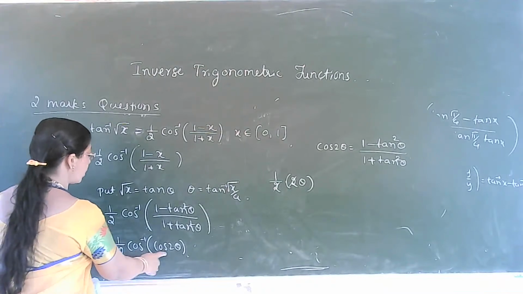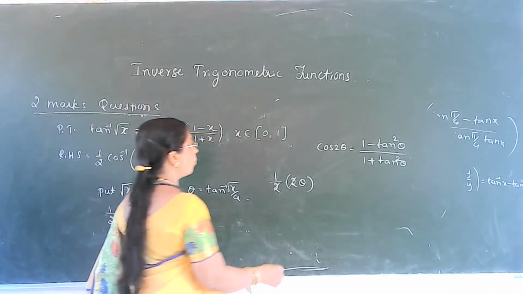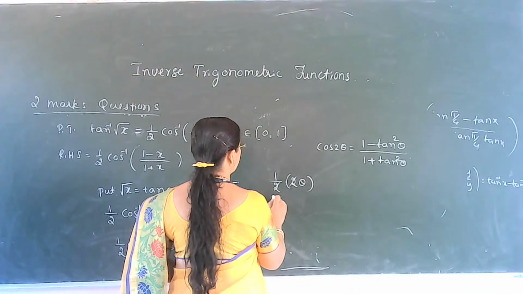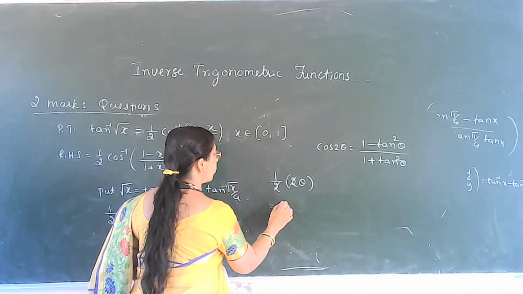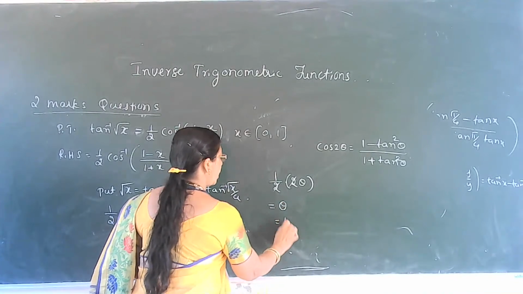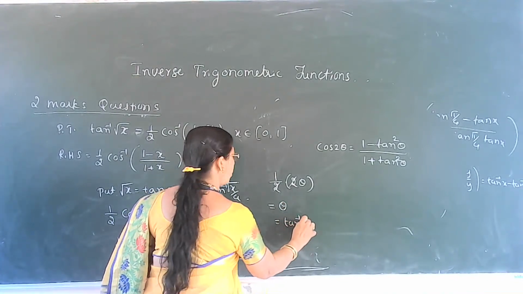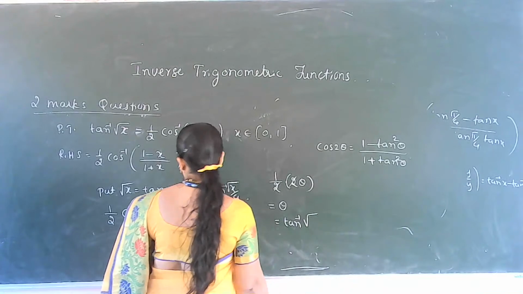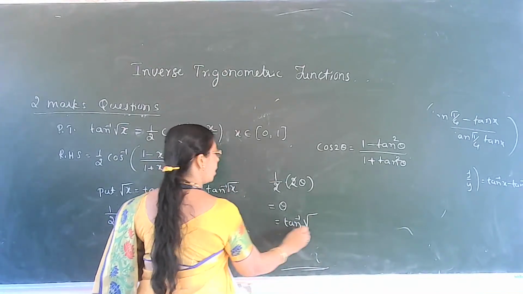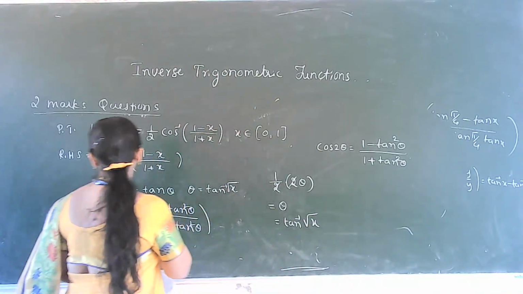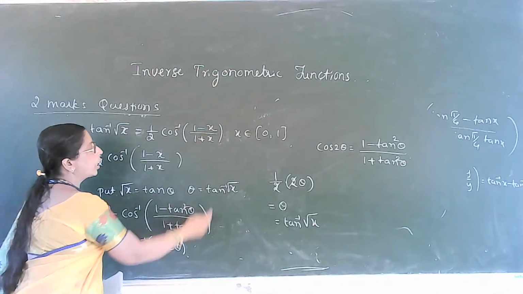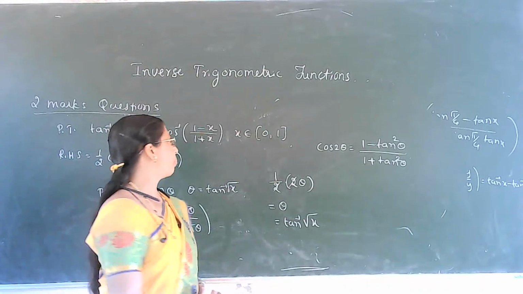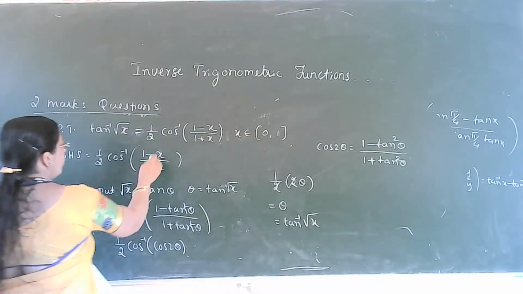Cos inverse of cos 2 theta, we get 1 by 2 into 2 theta, which is equal to theta, which is equal to tan inverse of root x, because here a is not given. Root x equal to tan theta, therefore theta is equal to tan inverse of root x.